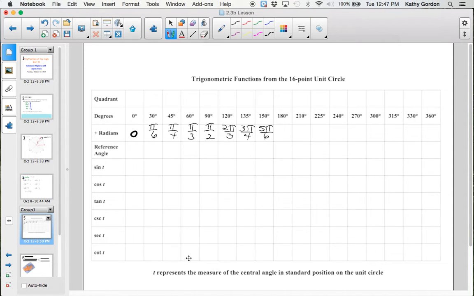And then 180 degrees? Pi. Okay. How did you get it? Yeah, same thing, that's fine.